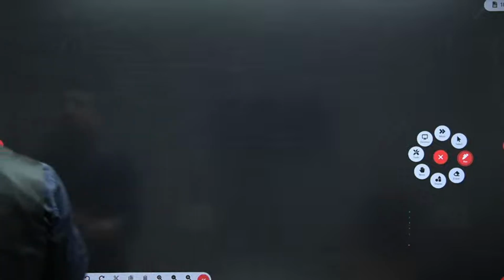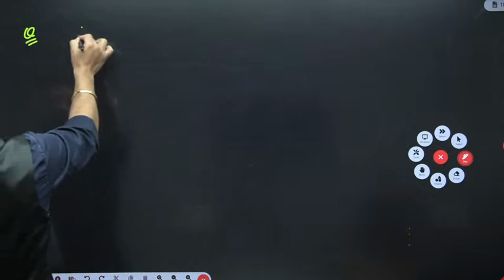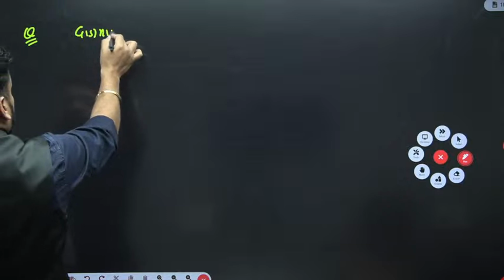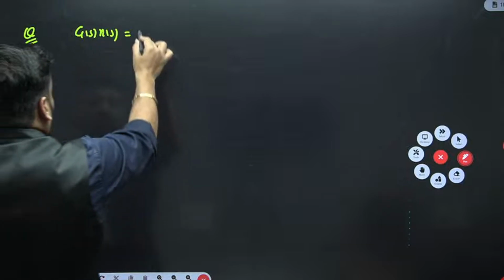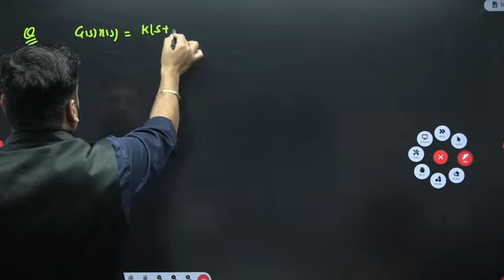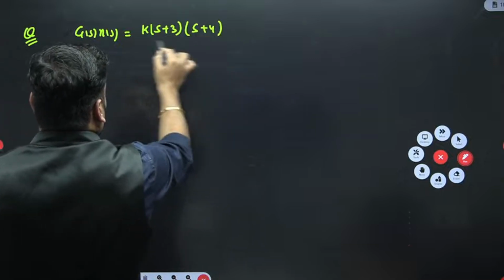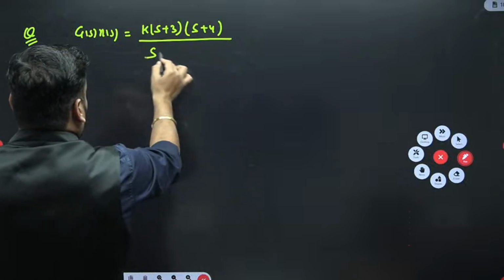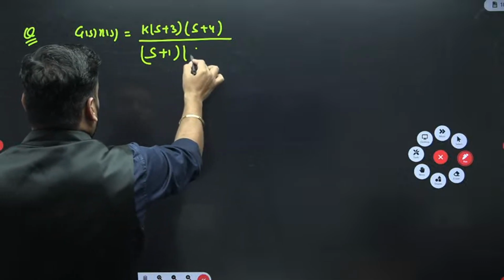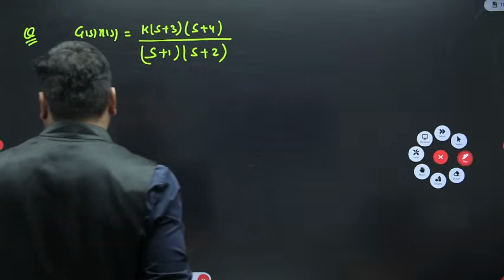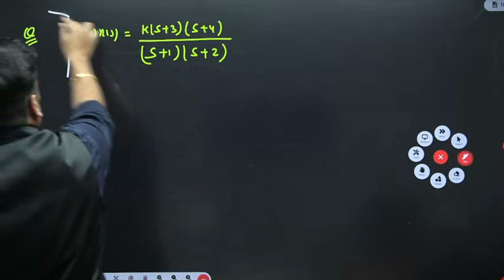Okay. So the question says that the open loop transfer function is given to you, that is G(s)H(s) equals K(s+3)(s+4) upon (s+1)(s+2). So this is your G(s)H(s) given to you.